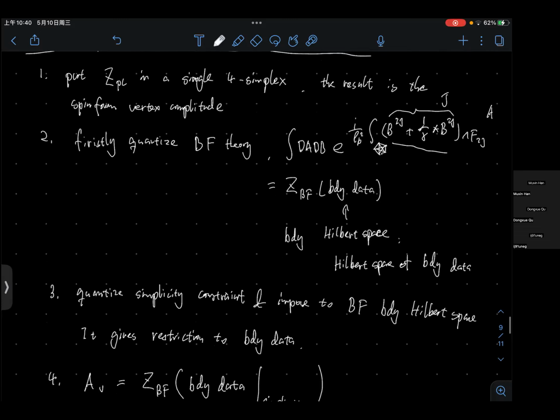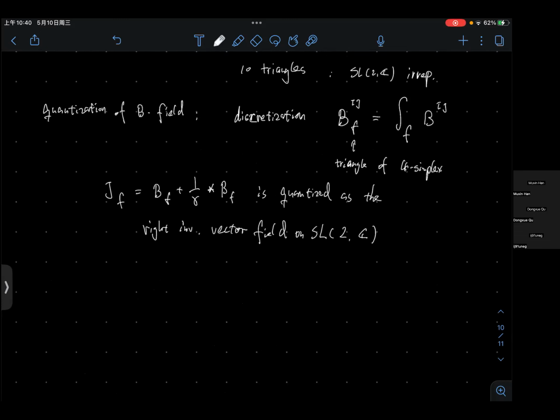So this J operator is a well-defined operator on the Hilbert space. It is convenient to introduce some components. Because J of f has indices IJ, it is Lorentz Lie algebra valued. But now we can divide these I and J into rotation and boost.